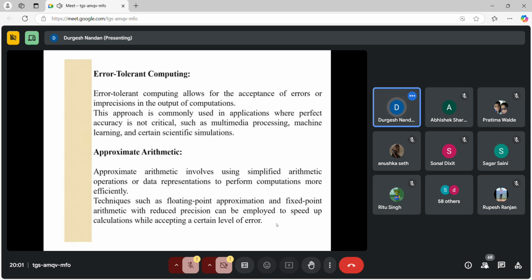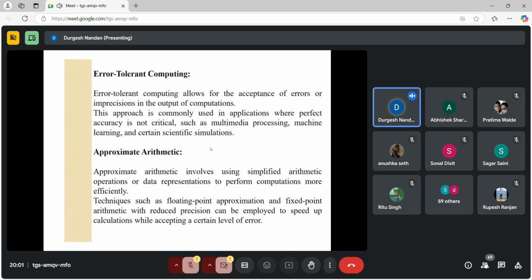Another type of approximate computing is error tolerant computing. Many applications like multimedia processing, machine learning, and image processing do not require 100% accuracy.